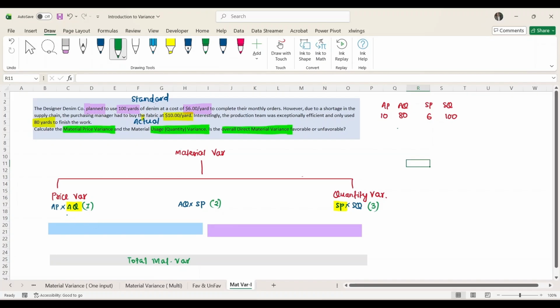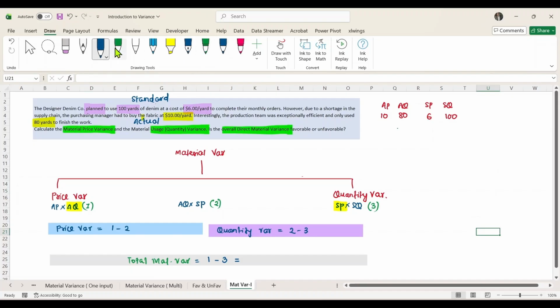So this total becomes equal to 1 minus 3, and this price variance is equal to 1 minus 2, and this quantity variance is equal to 2 minus 3.